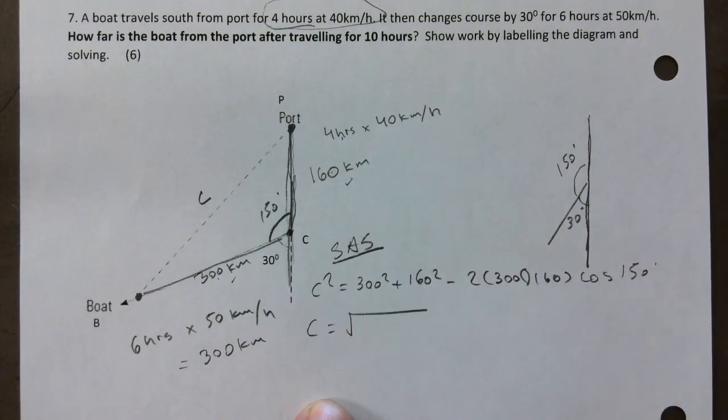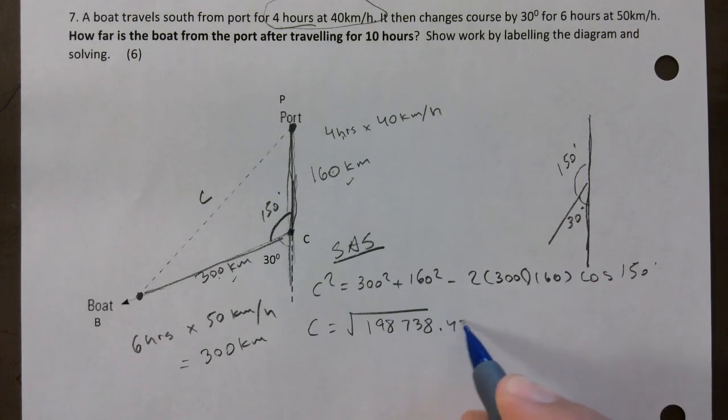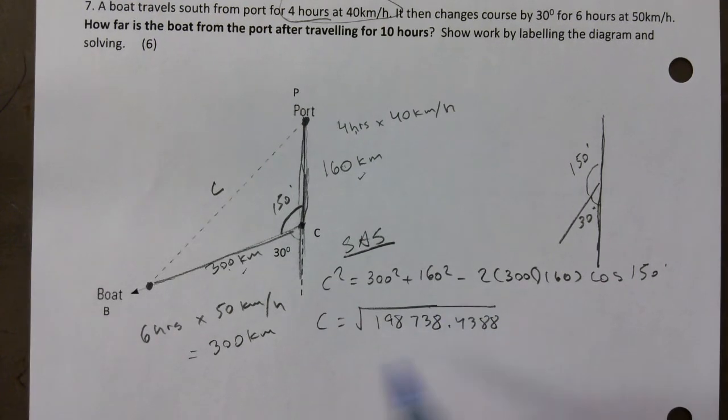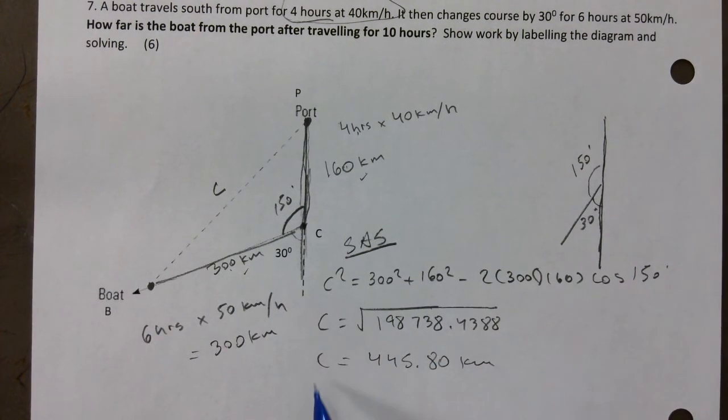C is the square root of 115,600, and that's 445.80 kilometers.